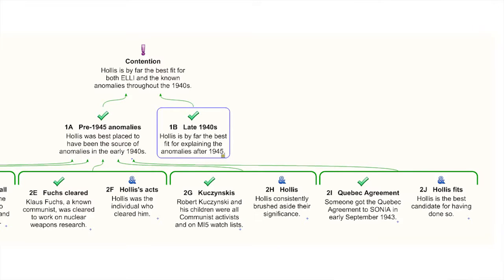The fourth ground, 2G, if we look again at this map and I simply scroll it across, is that there was a family, the Kuczynski family, who operated in Britain in the 1940s for the most part, and prior to that elsewhere on the continent and in China. 3 at least of whom are known to have been GRU agents. One of whom, very importantly, we'll come to shortly. They, as a family, were on a watch list for MI5 from the 1920s.